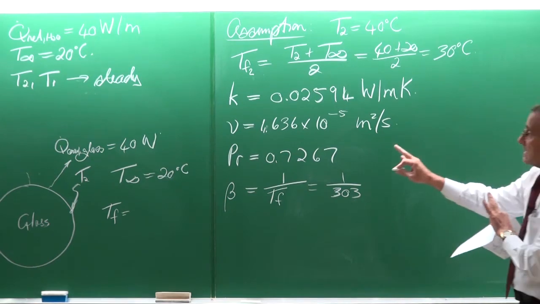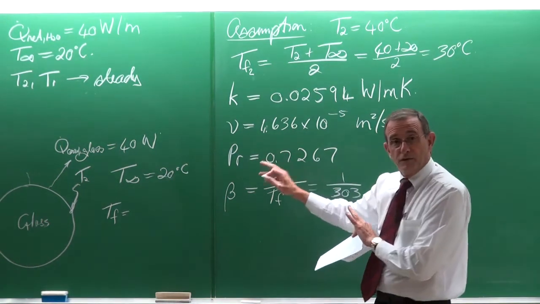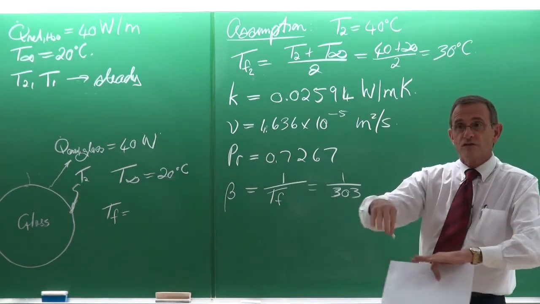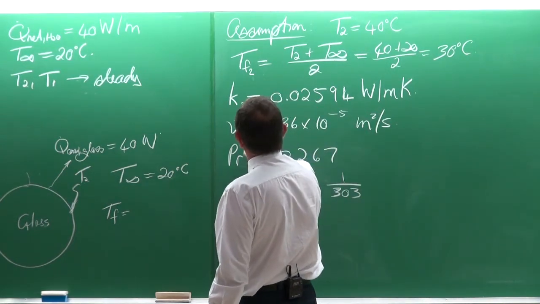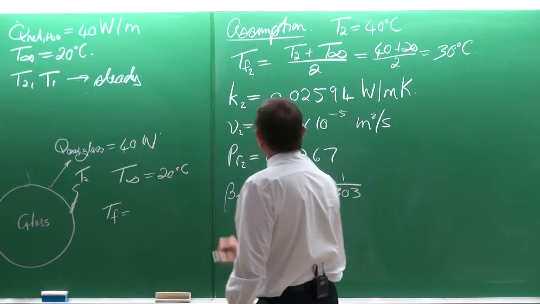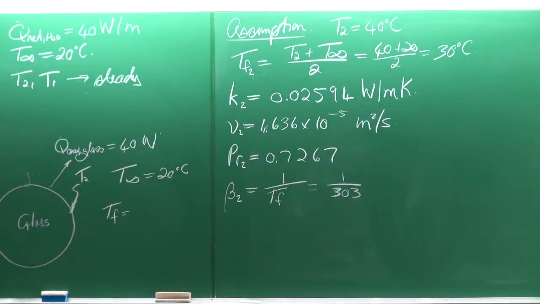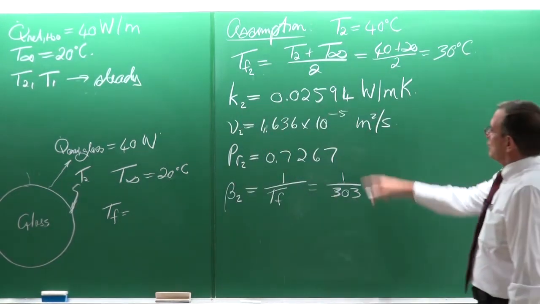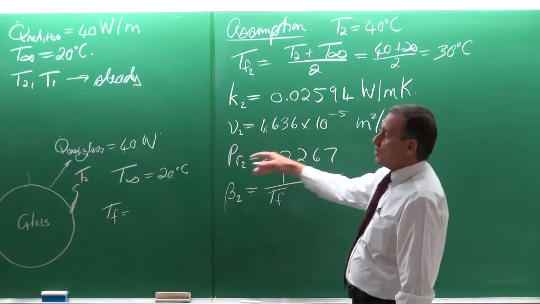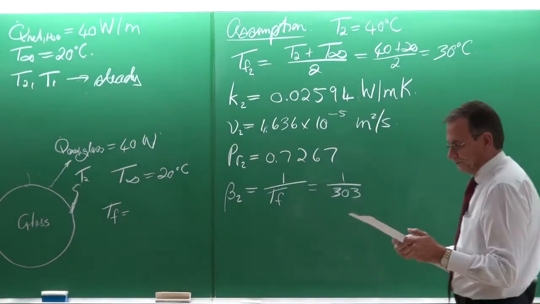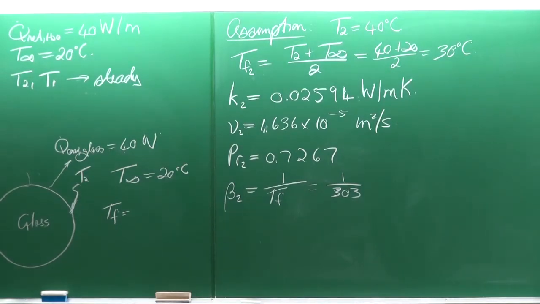Now, to make it clear, these properties are going to be different than the properties at another surface that we're going to get to later on, so I'm going to indicate this with 2's. Okay. So that's the thermal conductivity of the air on that surface, the Prandtl number, etc. Okay.